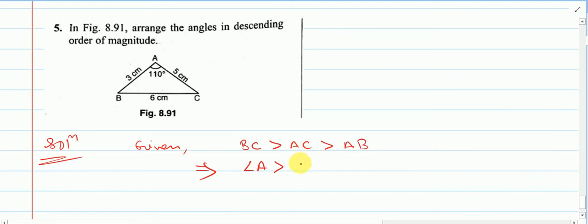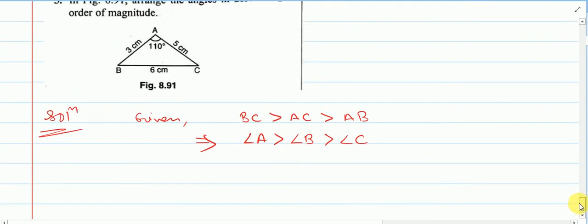Angle opposite to AC is angle B, and this will be greater than angle opposite to AB, that is angle C. So this is the answer. Clearly you can see that this is in descending order. So this is done, very easy.